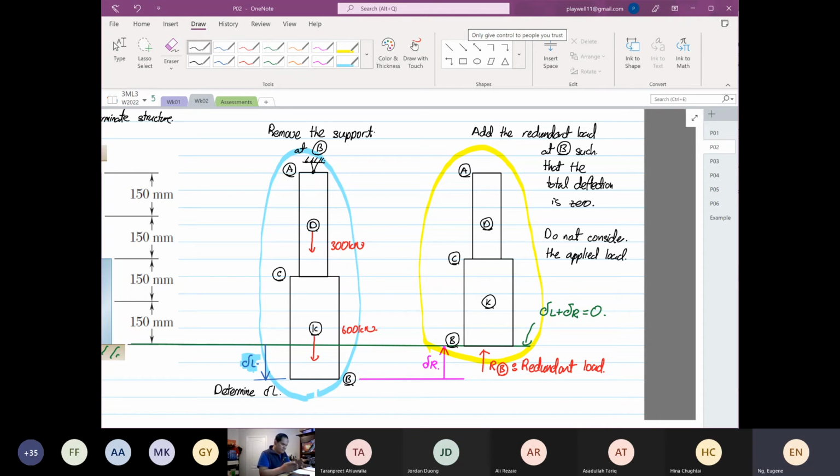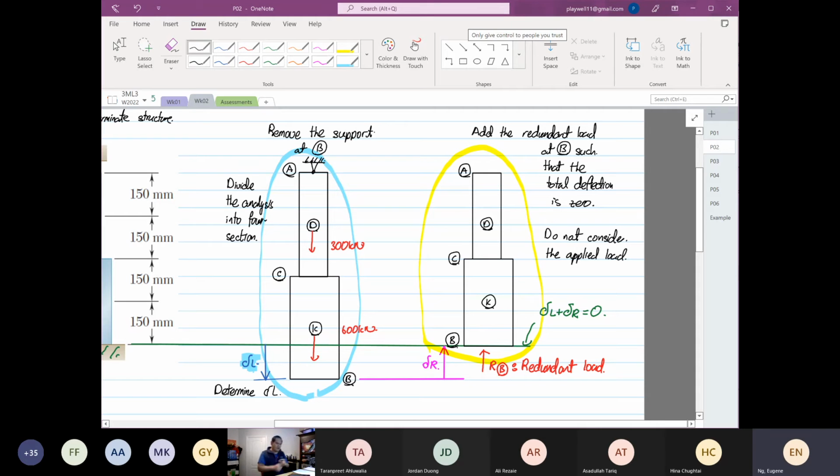On the left hand side, where we remove the support, we have to divide the structure, or divide the analysis, into 4 sections, right?